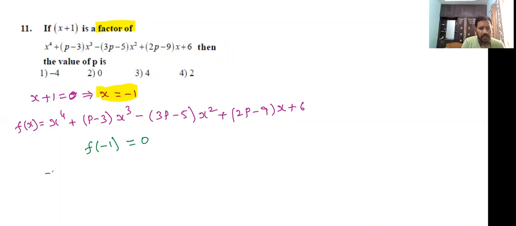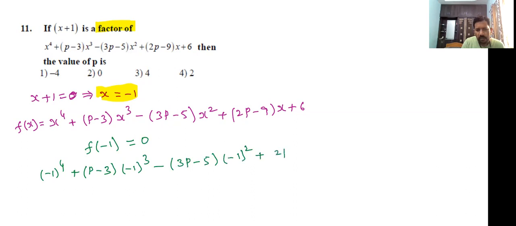Substitute: minus 1 whole power 4 plus p minus 3 into minus 1 whole cube, minus 3p minus 5 into minus 1 whole square, plus 2p minus 9 into minus 1 plus 6 is equal to 0.